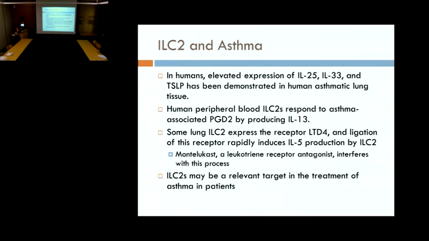Some lung ILC2s have been shown to express a receptor, cysteinyl leukotriene receptor 1, and ligation of this receptor can induce IL-5 production by the ILC2s, which stimulates the eosinophils and causes downstream inflammatory effects. Montelukast, a leukotriene receptor antagonist, can interfere with this process and might be part of the reason it's effective in asthma control, as well as its other effects. So essentially, this could be a relevant target in the treatment of asthma in patients.